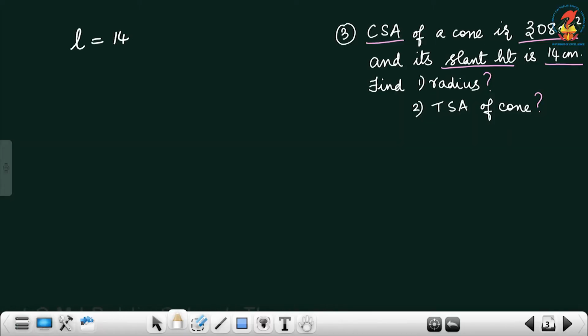Slant height is given as 14 centimeter. CSA is equal to 308 centimeter square. What is the formula of CSA of a cone?